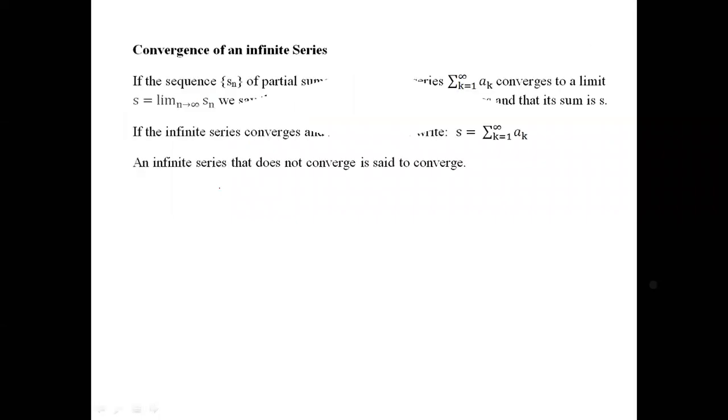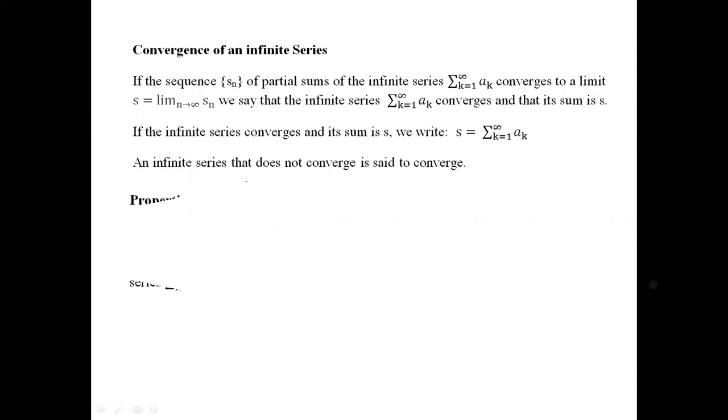Then let's look at the convergence of an infinite series. You realize that there are a lot of theories in this topic. But don't be intimidated. They are very easy to remember.